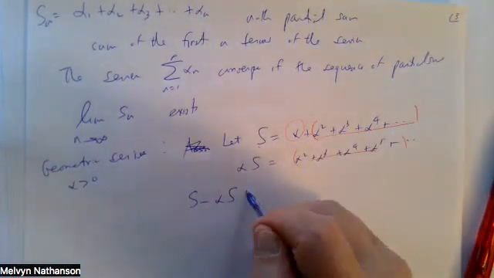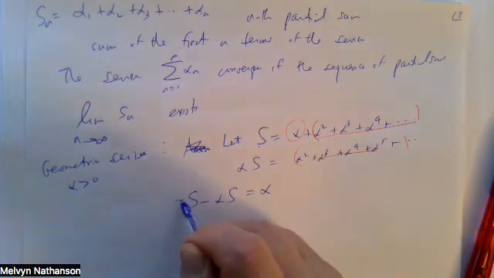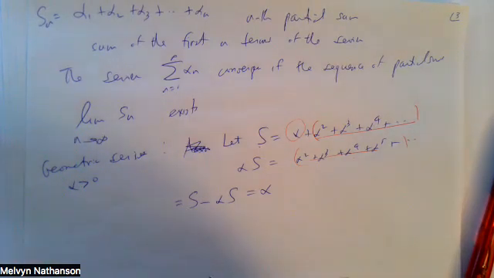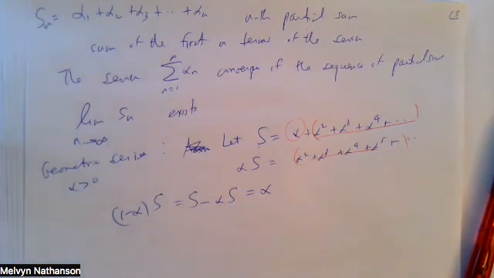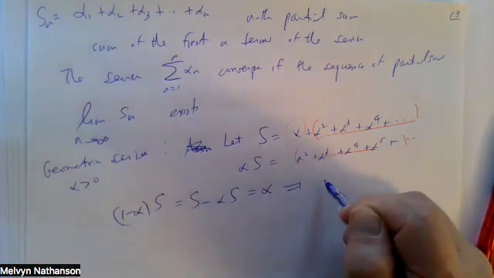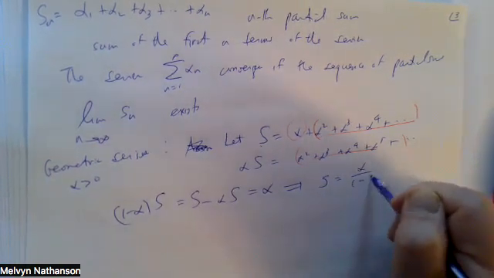So S minus alpha S is equal to alpha. Of course, S minus alpha S, if you factor out the S, you get 1 minus alpha times S. So if this series converges, then the sum of the series S is alpha over 1 minus alpha.